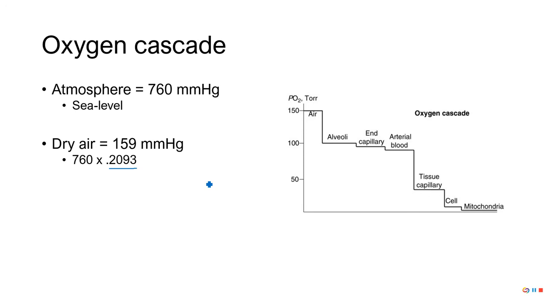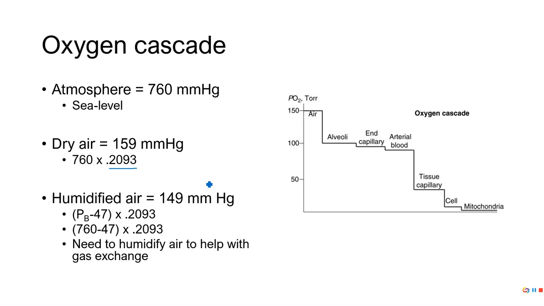Now, when we take a breath of air in, that air becomes humidified. Okay, and so we displace some of that gas with water. Now, when air reaches our lungs, it becomes completely humidified. And the amount of water that can be held by air that's 37 degrees Celsius or about 98.6 degrees Fahrenheit is 47. And so we take that 760, we subtract 47, and now we multiply that by 0.2093.